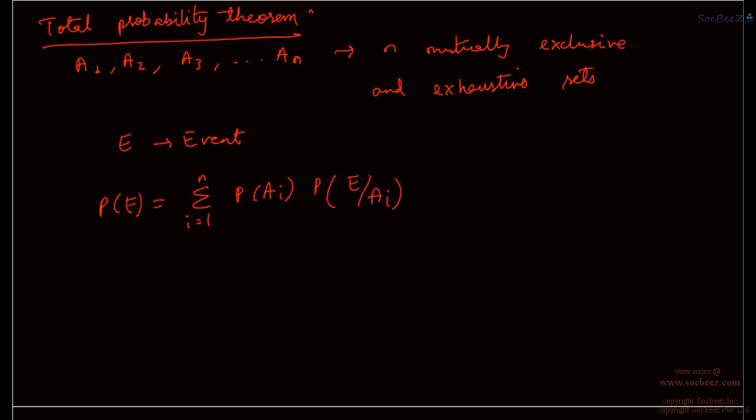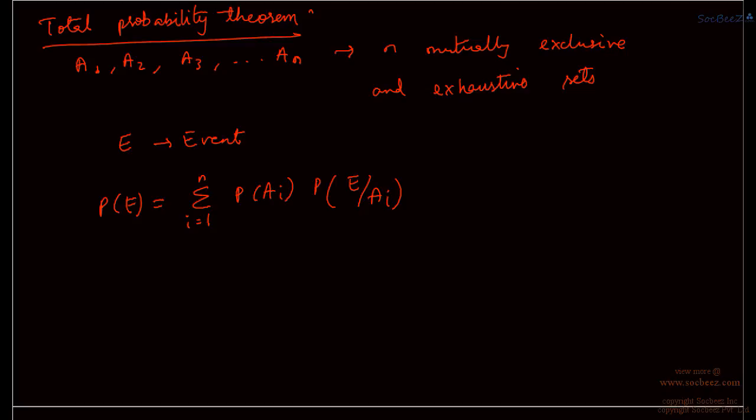Similarly, I move to the next event, say A2, and look at the probability of the event A2 occurring, and then the chance of event E occurring, given that A2 has already occurred, right? Then I add these things up, because these are mutually exclusive. So event A1 occurring and then the subsequent event E occurring will not collide with each other.